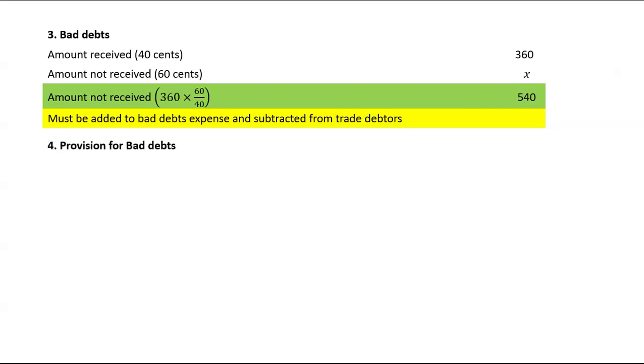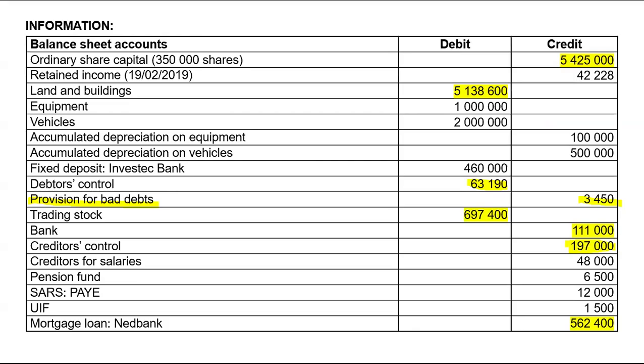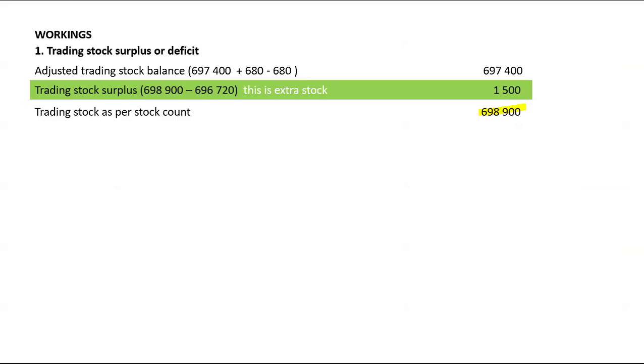What we know is that the provision for bad debts that was in the trial balance was 3,450. Then you're going to minus the 3,090.